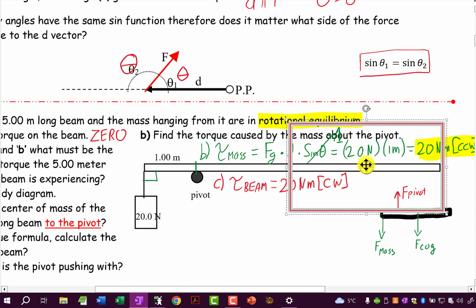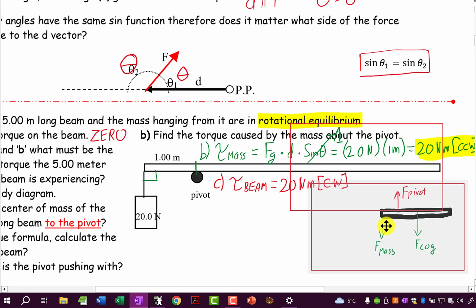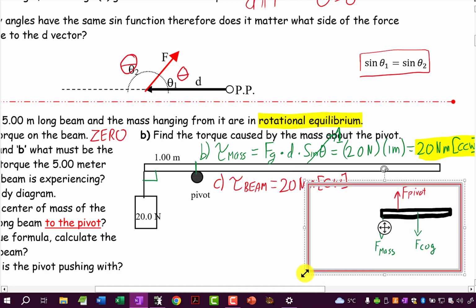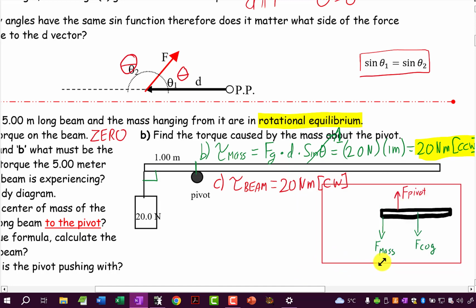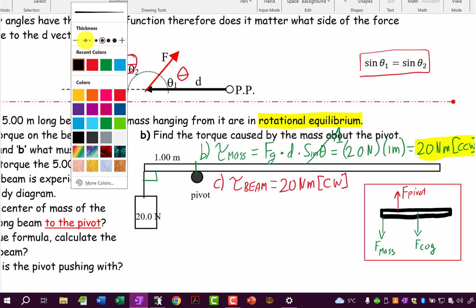How did I do that? So there's my free body diagram. That's going to be one of your first free body diagrams that wasn't a point object, but a rigid object, so it had size.